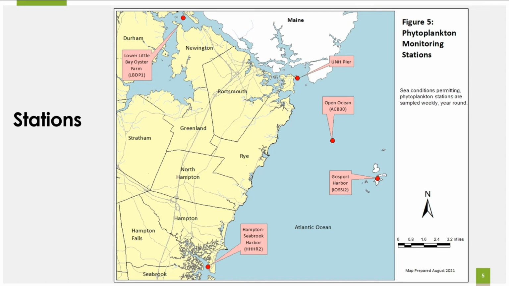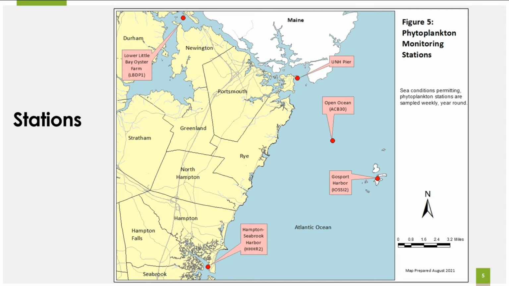So you may or may not know that the Shellfish Program monitors all the tidal waters in New Hampshire. This map essentially shows all of our monitoring areas. Two of the stations that we sample for phytoplankton are located offshore. One of them is a mid-ocean site, ACB 30, between the Piscataqua River inlet and Isles of Shoals.